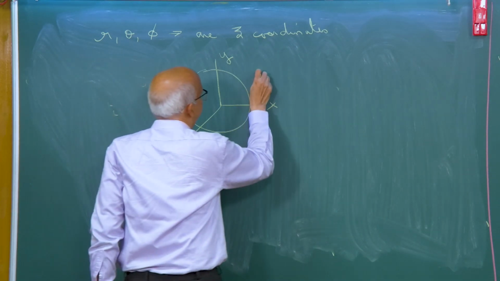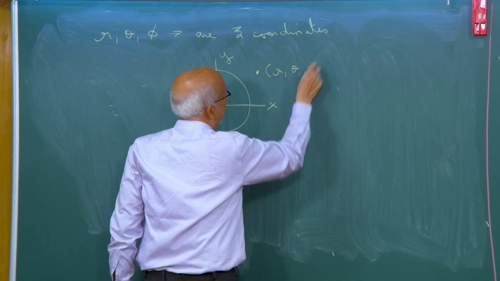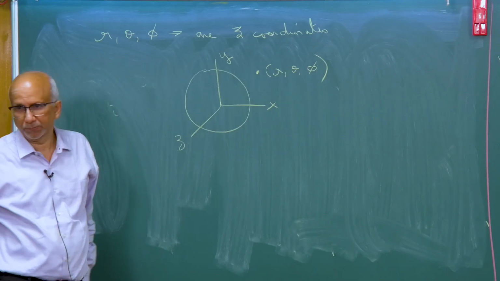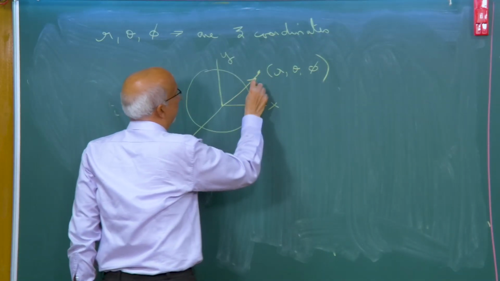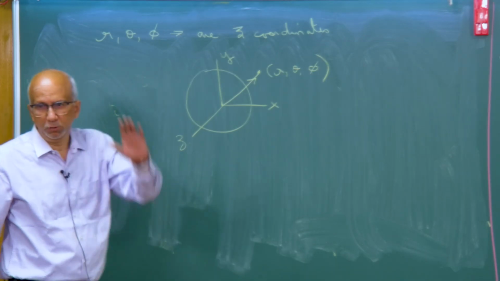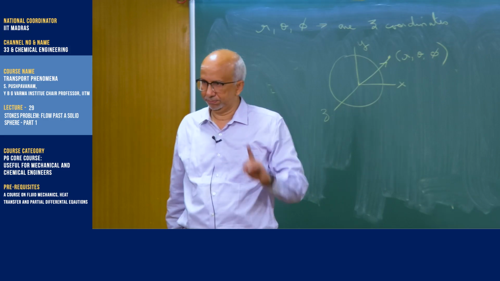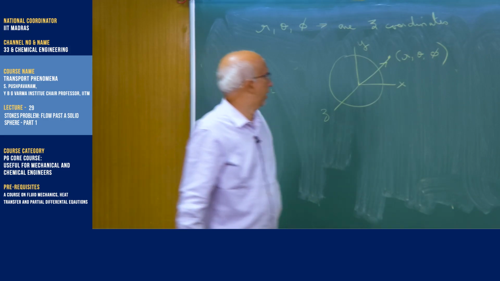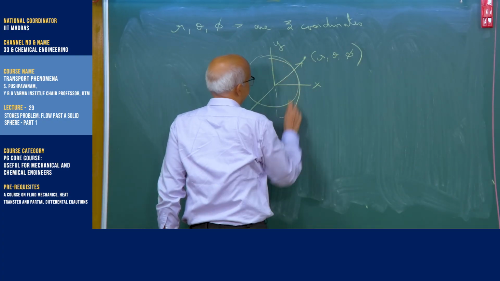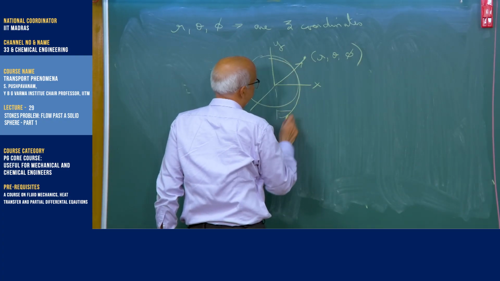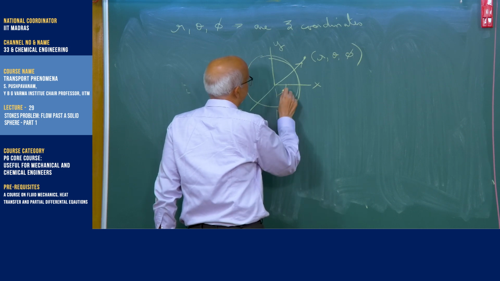So, any point here is specified by r, theta and phi instead of x, y, z. What is r? r is the radial direction, it tells you the distance from the origin. Theta is the angle which is measured in this direction. This angle is theta.